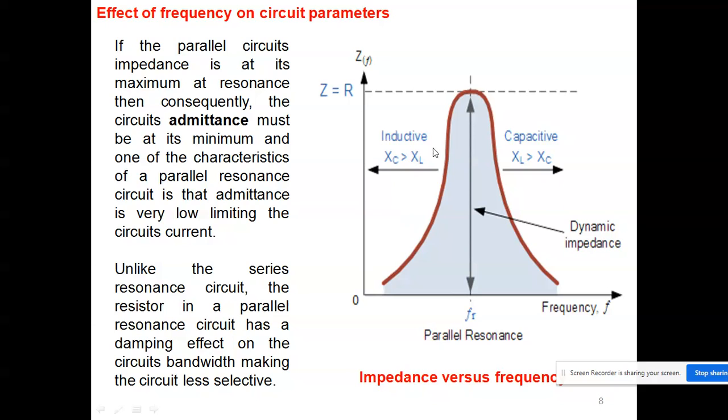Beyond it, the capacitive reactance is greater than the inductive reactance and the circuit behaves as capacitive. So this is the effect of frequency on the impedance, or you can say the admittance.